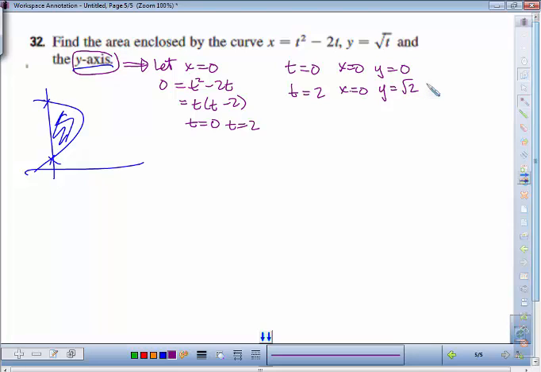What is it, 1 point something? Yeah. Okay. So I have a couple of points at least now. I can adjust my graph to say that this is 0, 0, that's the first point right here, and 0, comma, square root of 2.